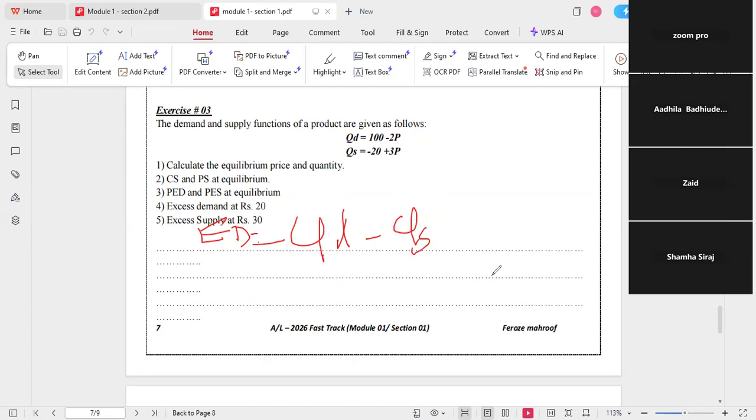Okay, in both the above functions you must substitute for excess demand.